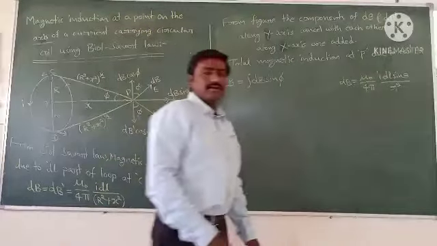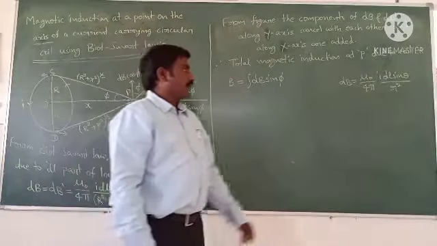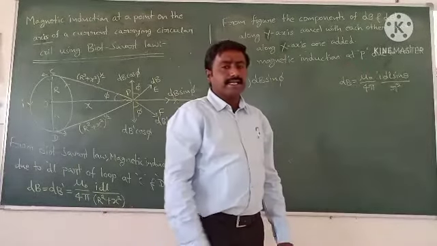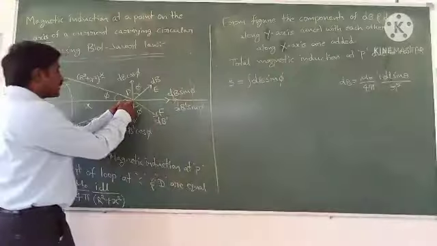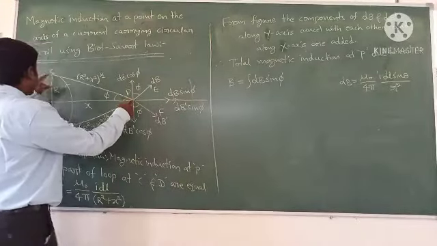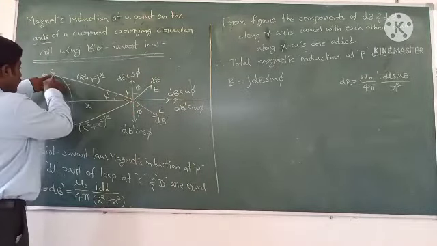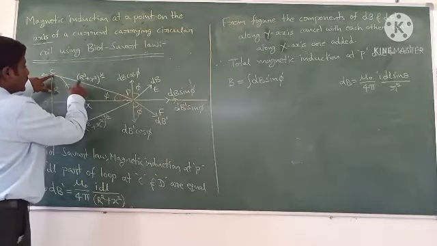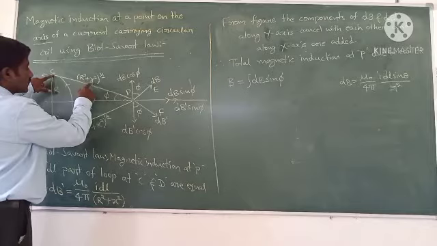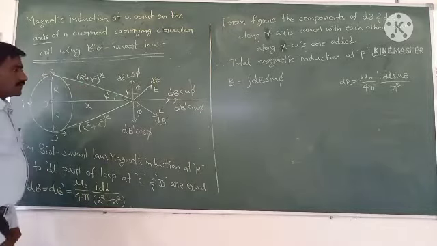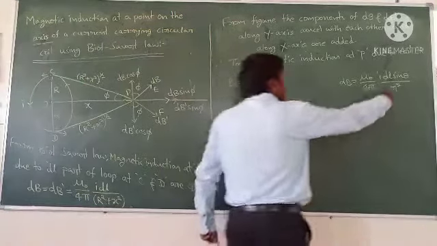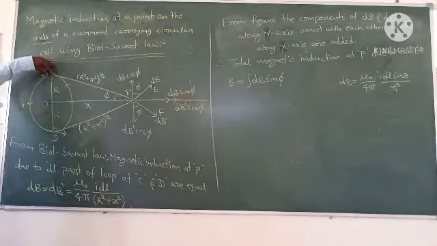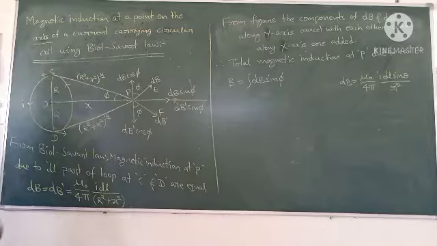Here r is the distance between the point and the dl element. Our point is on the axis here and the dl element is here. The distance between C and P is root of r square plus x square, and theta is the angle between the dl element and this position vector, 90 degrees.